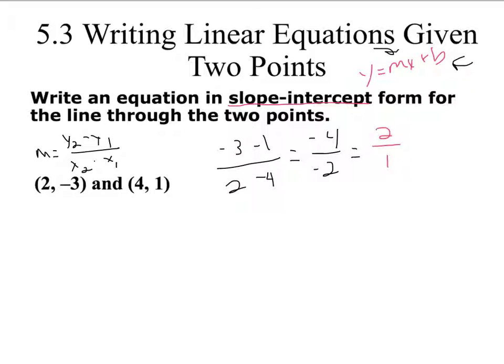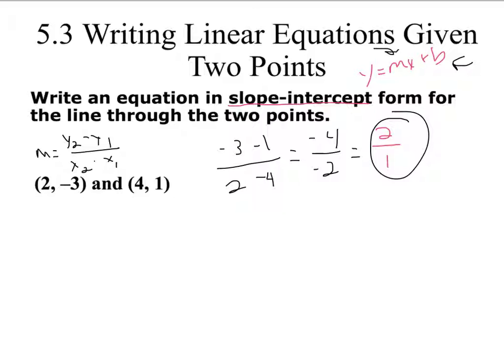Now, notice it's negative over negative. That's why we have a positive. At any point in time, if you get a negative over a negative, simplify it to a positive, because that is a positive slope.